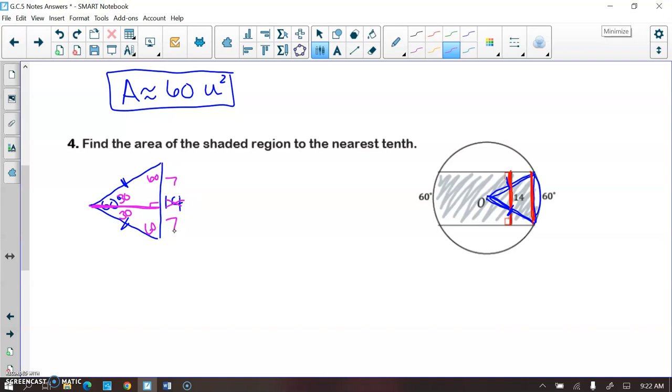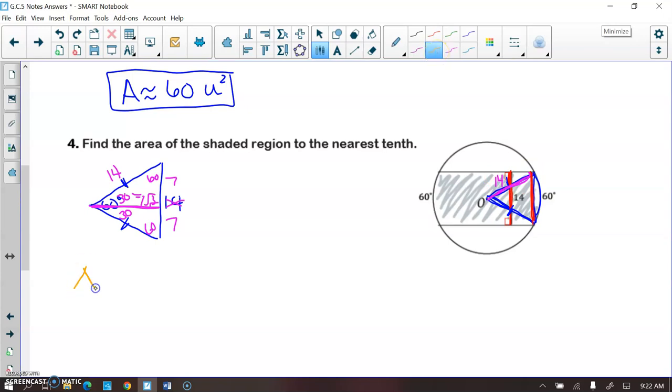Using 30, 60, 90 rules, I have the side across from my 30-degree angle. To get from that to the hypotenuse, I multiply by 2. To get from that to my side across from my 60-degree angle, I multiply by root 3. And so actually, the radius of the circle is 14, which is nice.